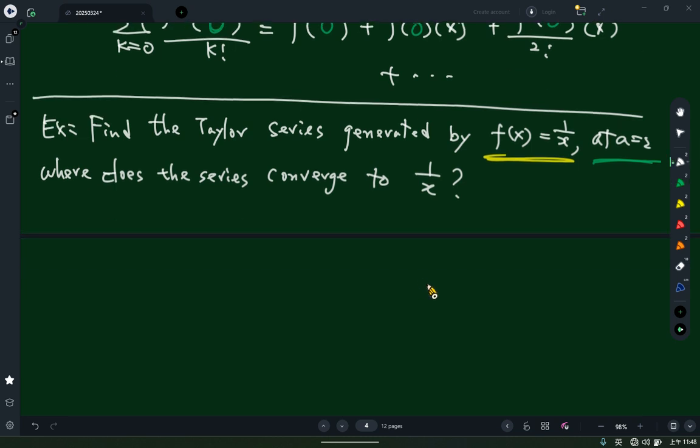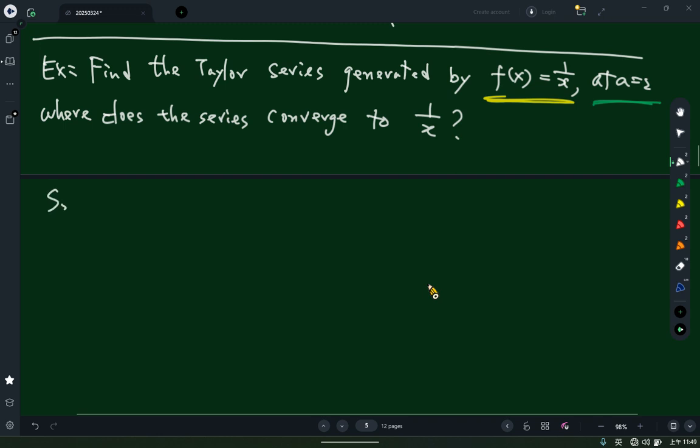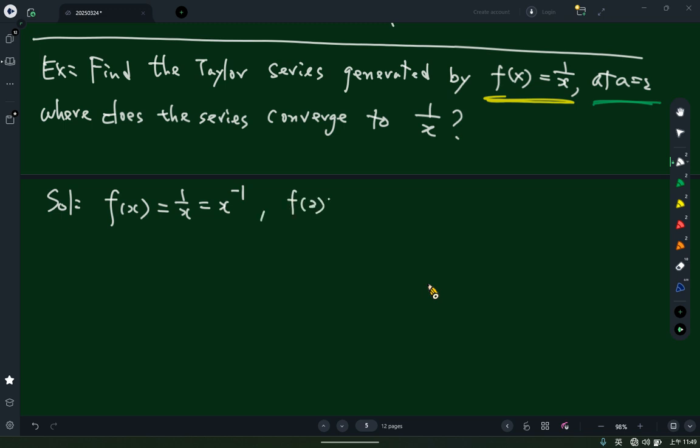Okay, so let me show you how to get that. The original f(x) is 1 over x, so that is x to the power of negative 1. So f(2) will be 1 over 2, because our center is 2.